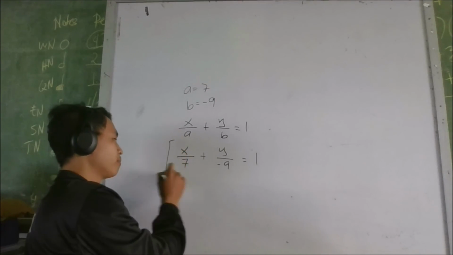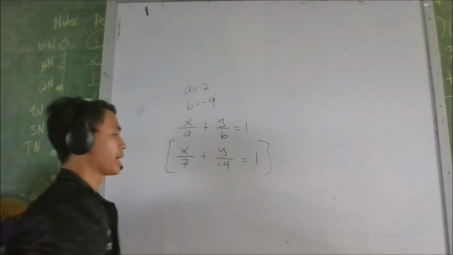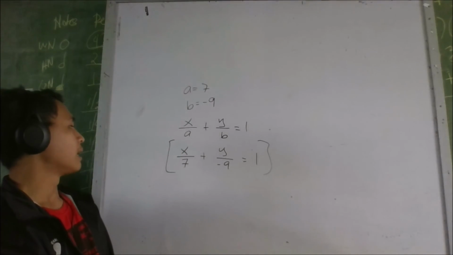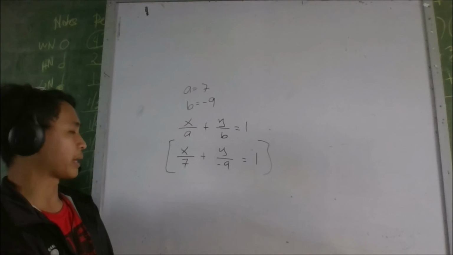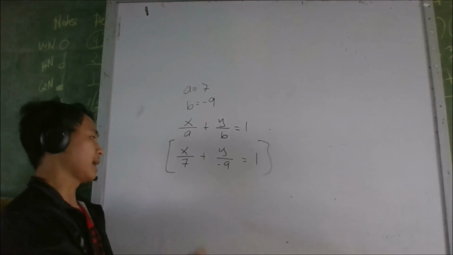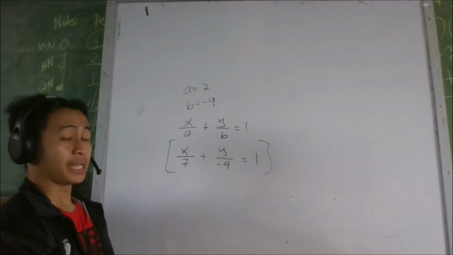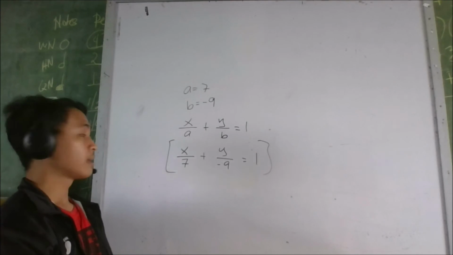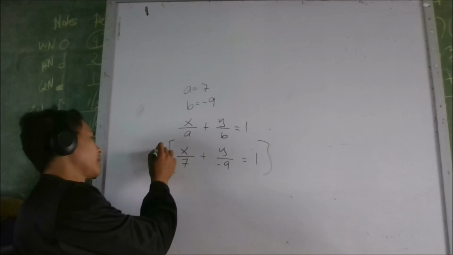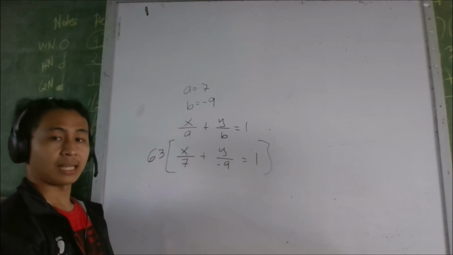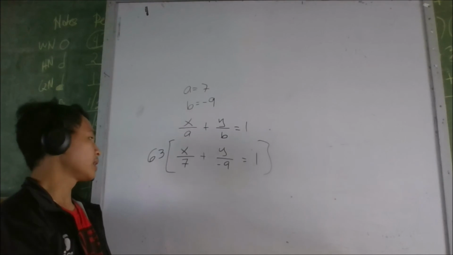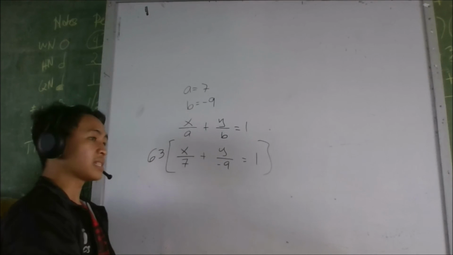Now, again, multiply it by our LCM or LCD. Ano yung LCM ng 7 tsaka 9 or negative 9? That would be 63. Right? So we multiply this by 63. And what would be the answer? 63 divided 7 is 9.